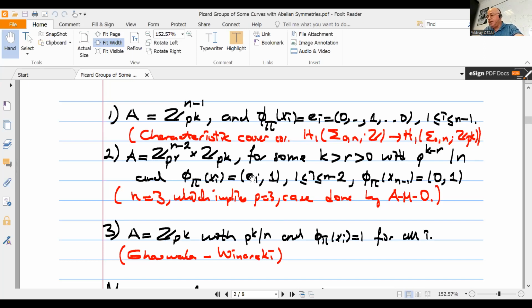Here this ei is the ith generator of this Z_p to the power r, n minus 2 copies. Ei means you have zeros everywhere except the ith coordinate, and in the ith coordinate you have 1, and the last coordinate is 1.